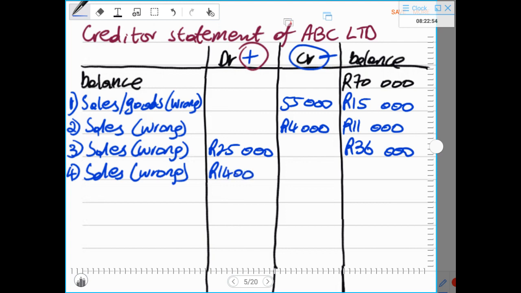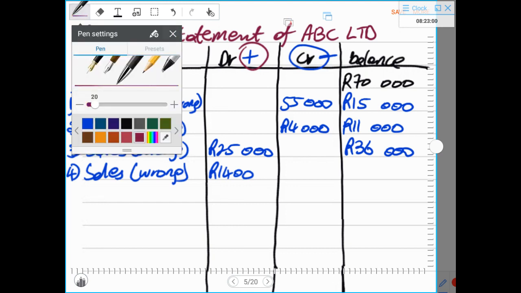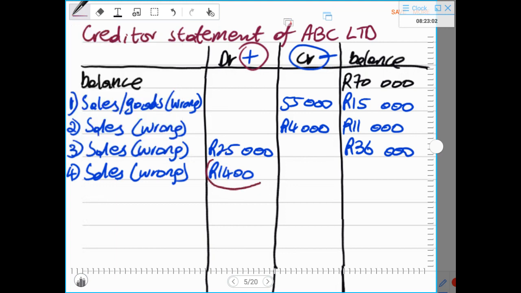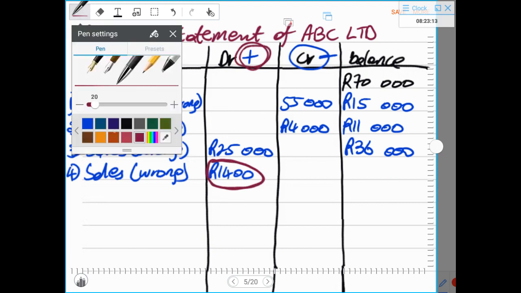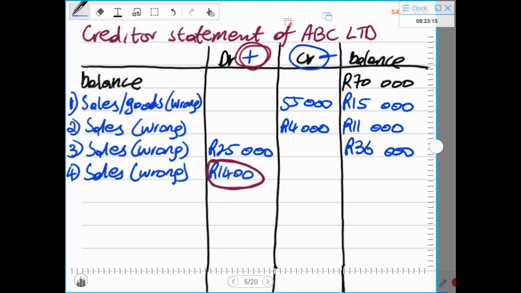So now by recording an amount of 1,400, remember 1,400 is an understated amount, and the minute we record an understated amount on the debit side of the statement, it will understate the balance.